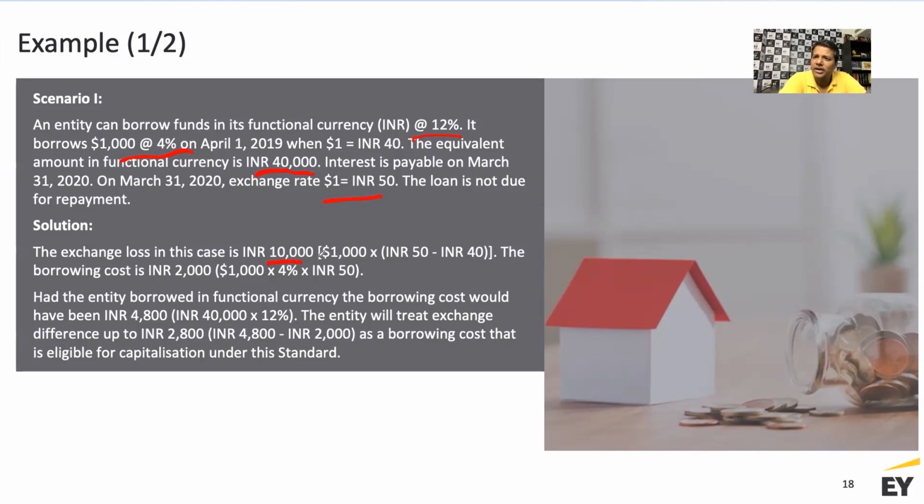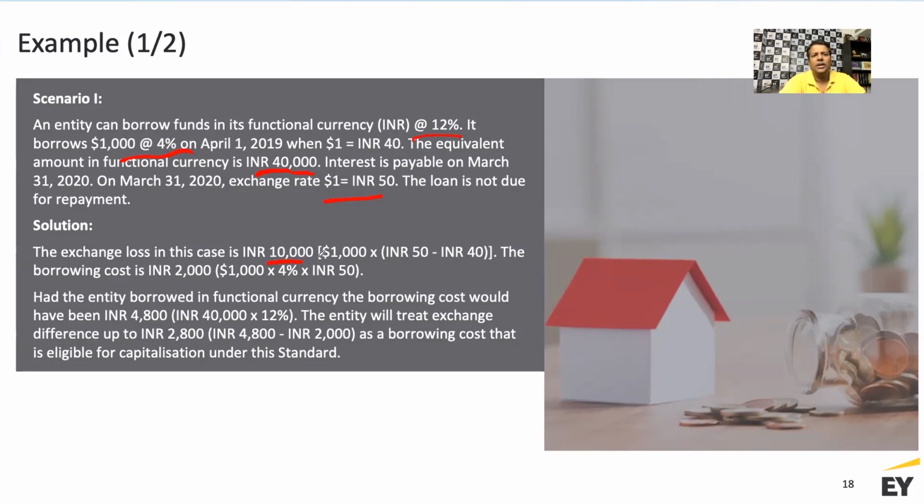What rate can I borrow money in my functional currency? It is 12%, right? I can borrow money at the rate of 12%. So if I would have borrowed $1,000 at the rate of 40, how much I would have paid is 40,000 multiplied by 12% for 1 year, which is 4,800, right? So now against this 4,800, I've already paid interest of 2,000, which is at the rate of 4% multiplied by INR 50, the prevailing rate on the date when it is due.